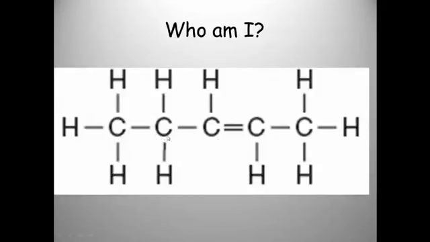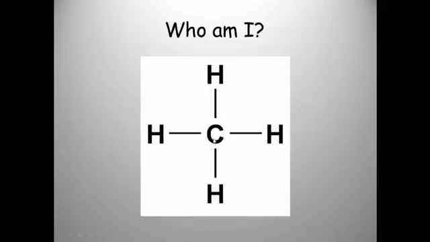This has 1, 2, 3, 4, 5 carbon atoms, so it starts with pent, has a double bond, so this is pentene. This has 1 carbon atom, obviously can't have a double bond because there's only 1 carbon atom. Double bonds only happen between carbon atoms, so this is methane.